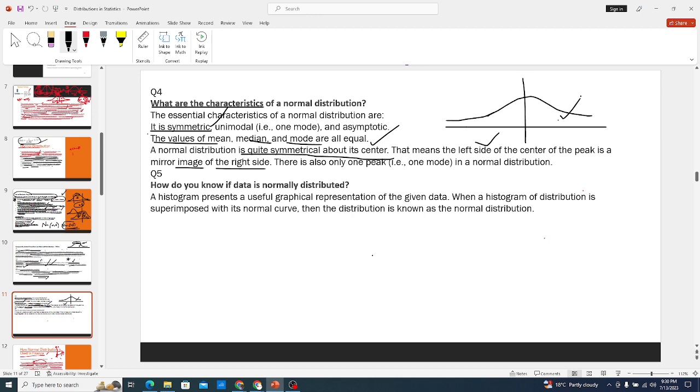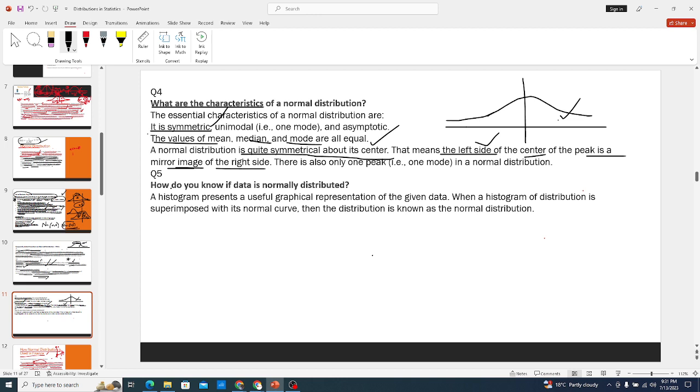That's why we are saying that the left of the center of the peak is a mirror image of the right.